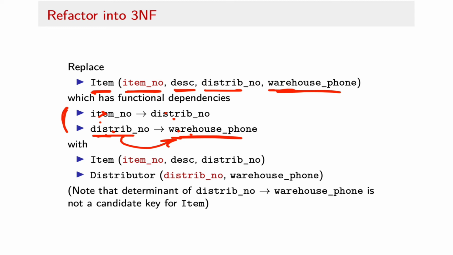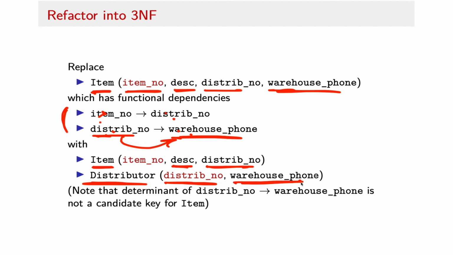And we can do that, again, by using the functional dependencies as a hint for how to move forward. The item number in the new revised item relation is now going to refer to the description of that particular item and the single distributor of that particular item. And we'll have a new relation that I've called distributor here that takes the distributor number and maps it to the warehouse phone.